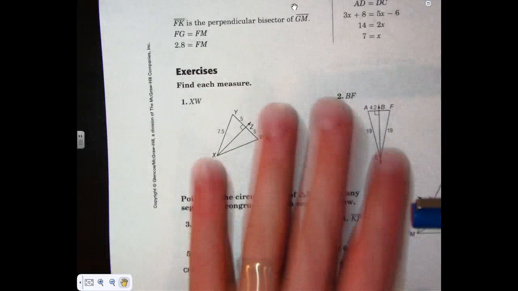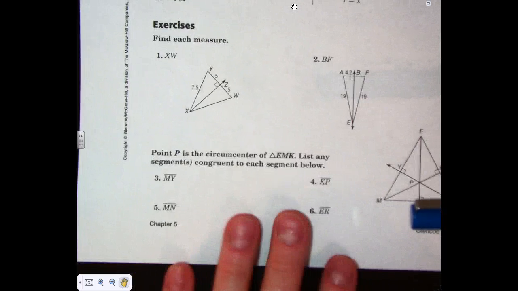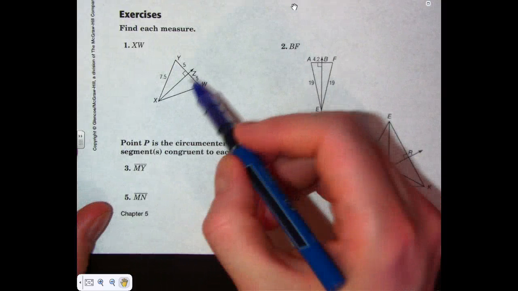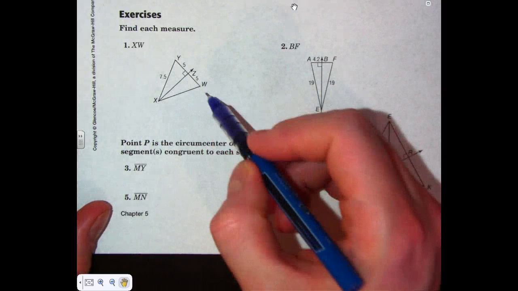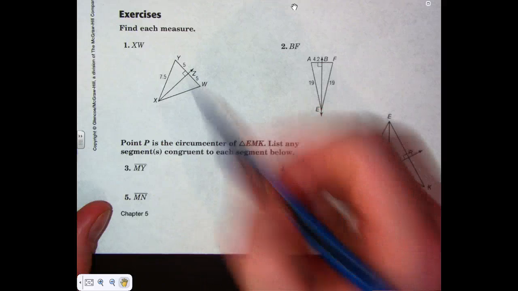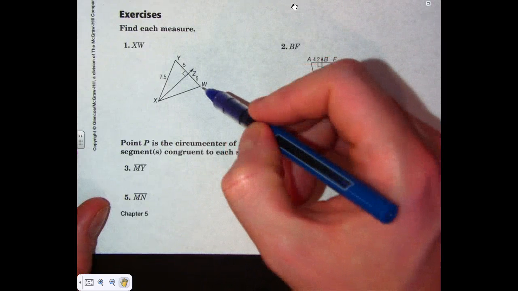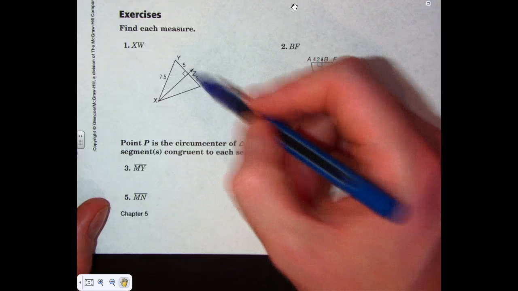So examples. Number one here. I am told that XZ is perpendicular to YW by the right angle in the drawing. I also know that YZ and WZ are congruent because they're both 5 in length.